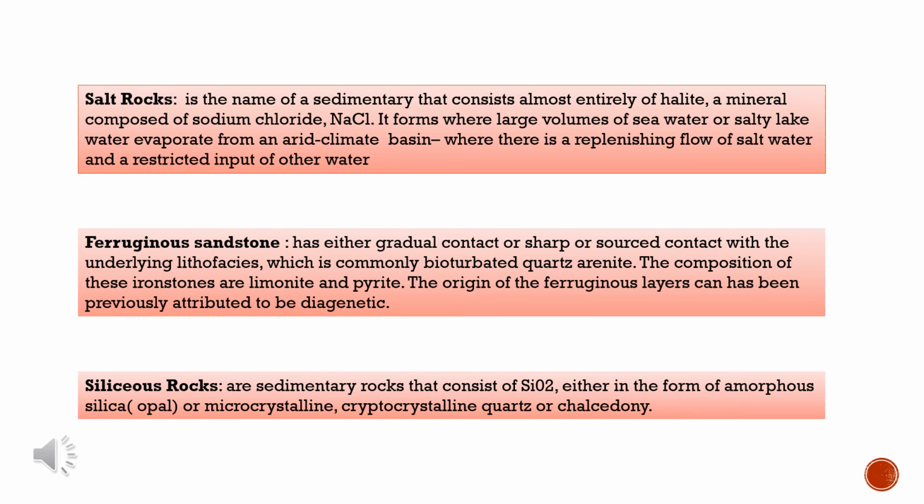The origin of the ferruginous layers has been previously attributed to be diagenetic. Siliceous rocks are sedimentary rocks that consist of silicon oxide either in the form of amorphous silica or microcrystalline, cryptocrystalline quartz or chalcedony.